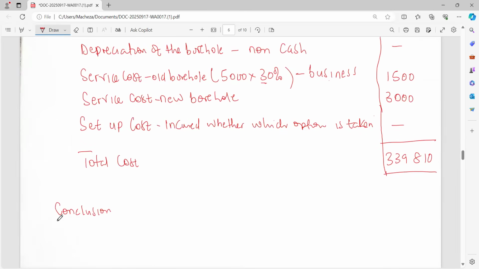So when you advise them, you are now going to say in your comment or conclusion, you recommend the most financially viable option. So it's going to be the bore water.